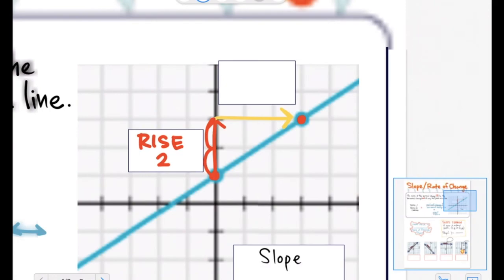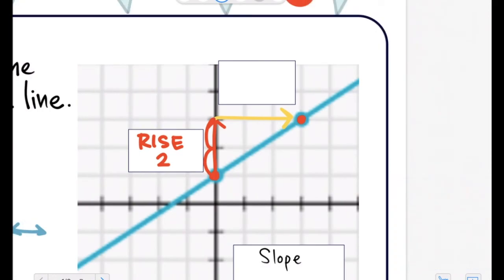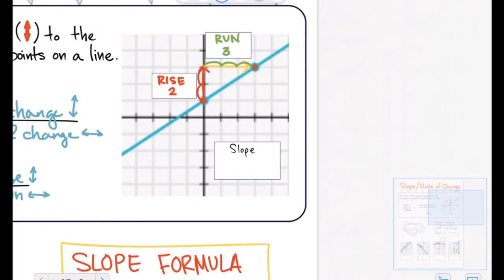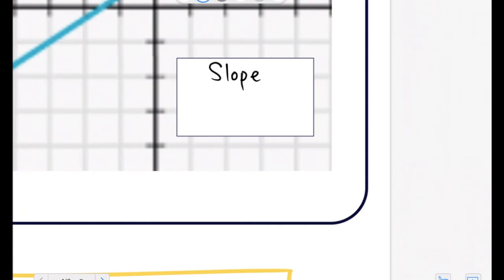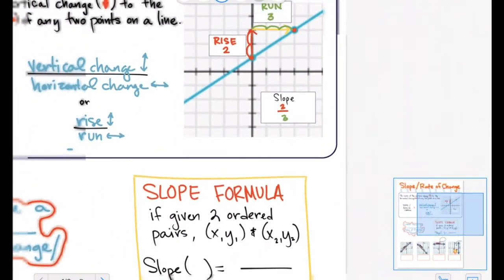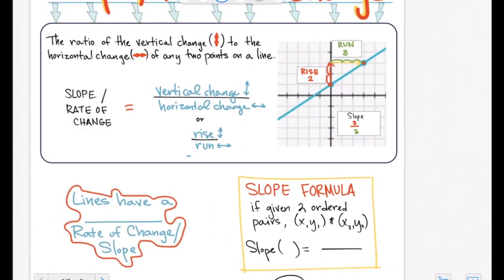And then the yellow portion of the graph is our run. It's showing the horizontal change. And if we were to count the movement, we are running 1, 2, 3 units to the right. So our run is 3. And remember, our slope is our rise over our run. So our rise was 2 and our run was 3. So the slope of this line is 2/3.